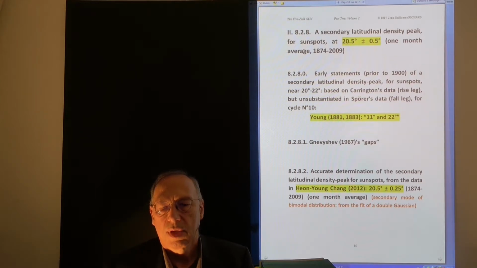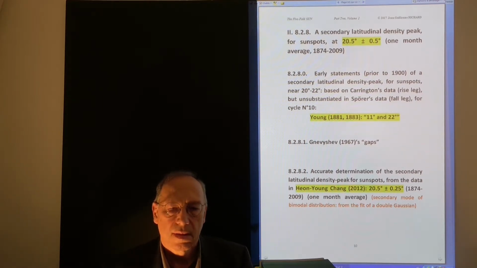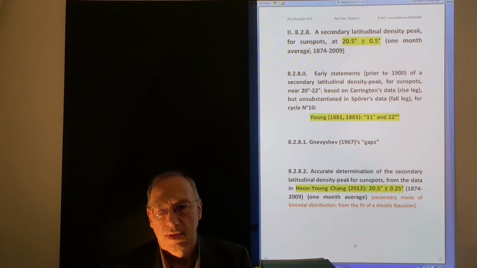Based on a much smaller body of sunspot positions in the late 19th century, Young again found a similar result, and he stated in his textbook on the Sun that the two peaks in density are at the latitudes of 11 degrees and 22 degrees. So again, we have here a solid statistical basis to determine the precise location of this secondary peak.